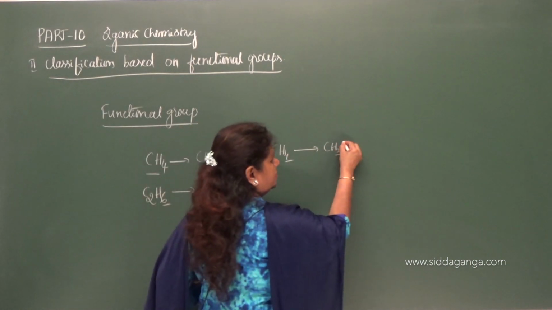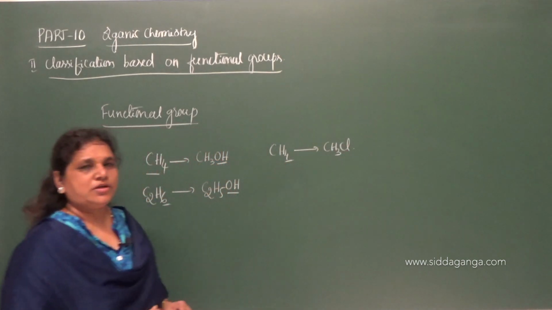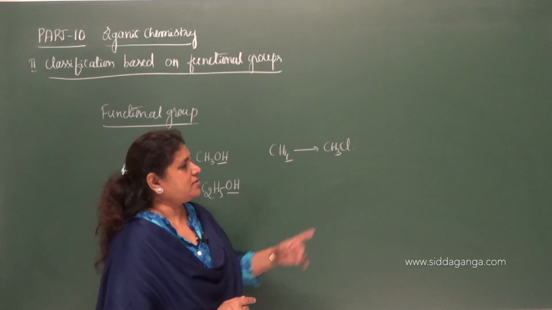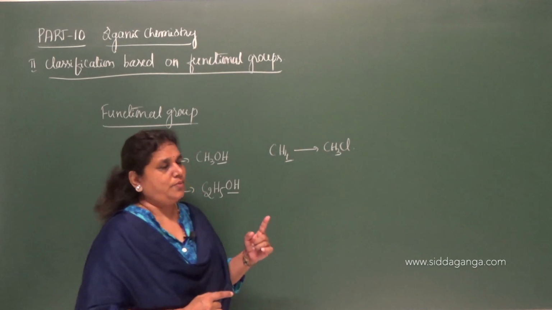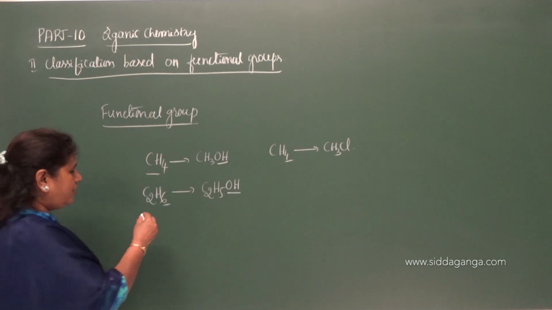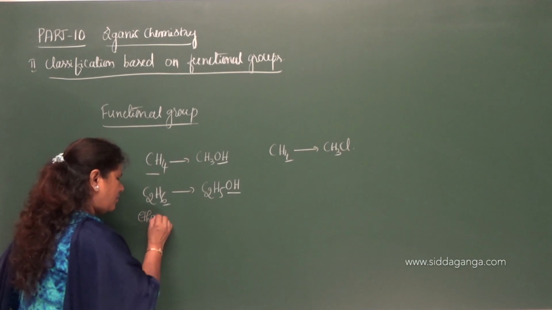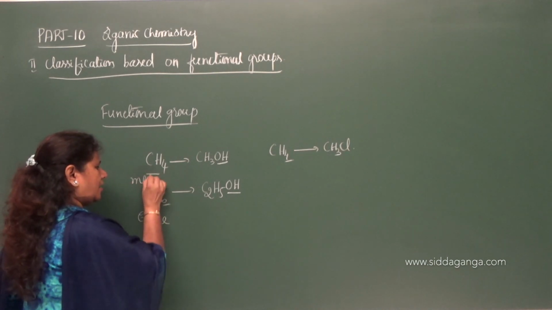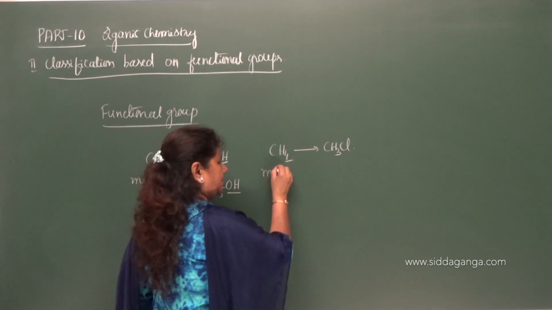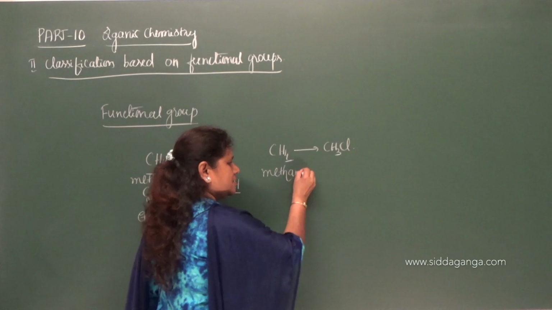In place of the hydrogen, you'll substitute Cl, that is the chloro group, and here you replace it with OH. Now this is ethane, and this is methane, an alkane, and this is also methane, correct?